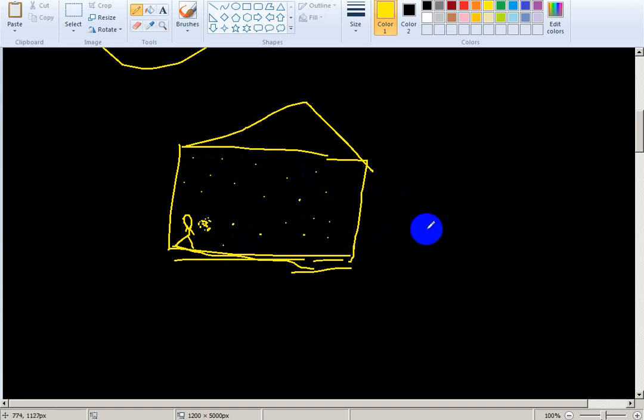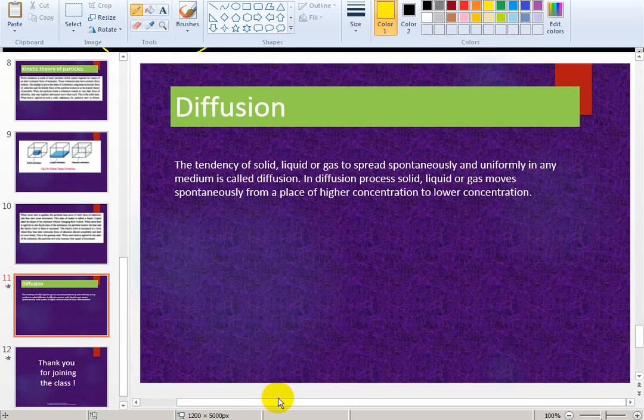Spontaneously means automatically. Uniformly means the same, like one particle, two particles, the same particles move. So the tendency of solid, liquid or gas particles spreading from higher concentration to lower concentration is called diffusion.